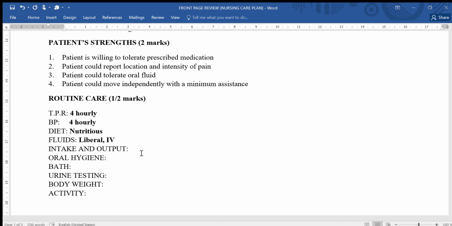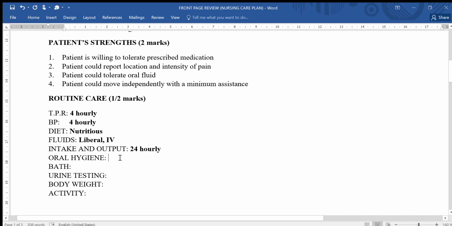But where it is not requested, just indicate not requested. For our patient, we'll do 24 hourly because it was requested. So every 24 hours you monitor and you balance it. That's about that.